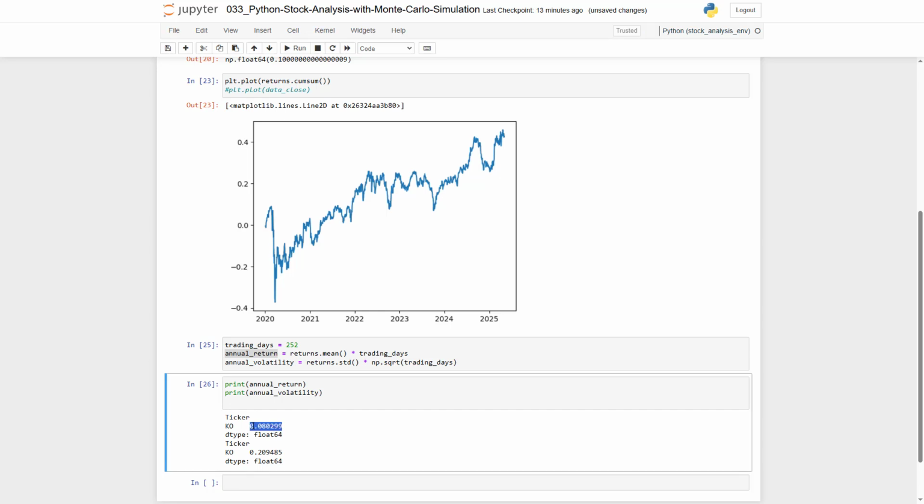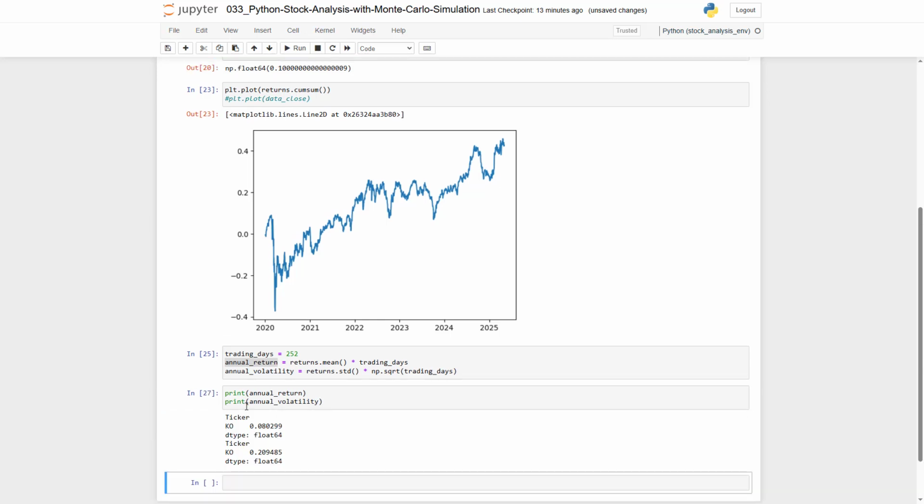Okay, so annual return is like 8%, which is rather good, and the volatility is about 20%, which is also not that bad, not at all.